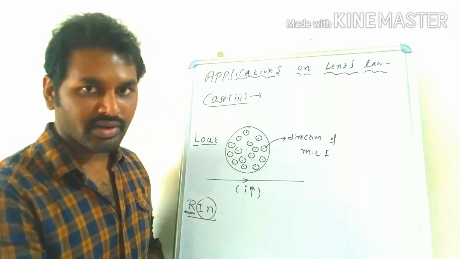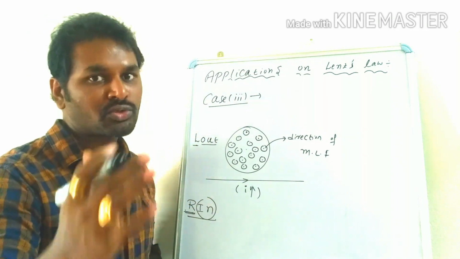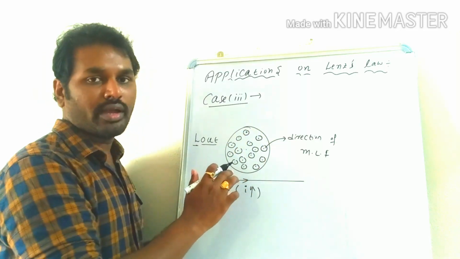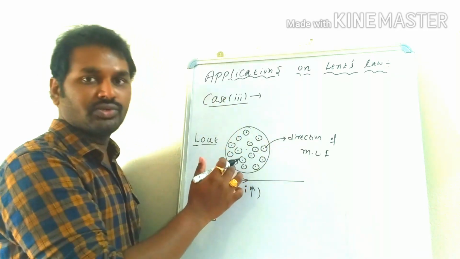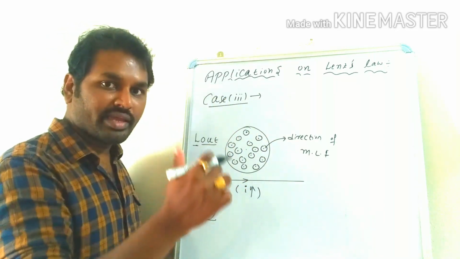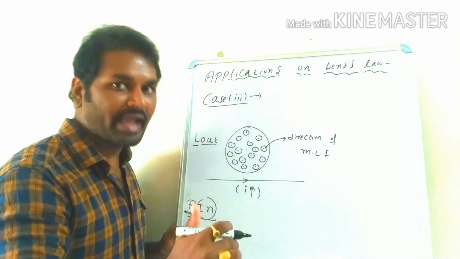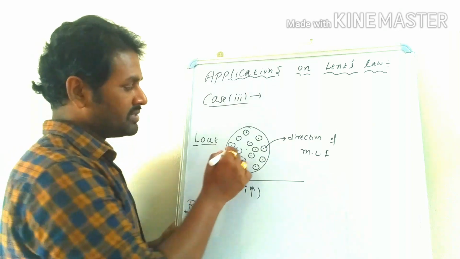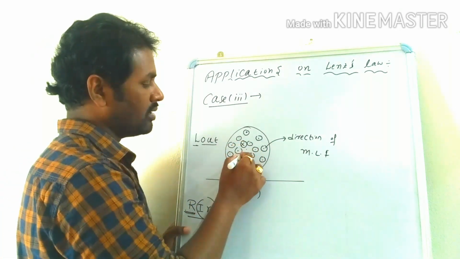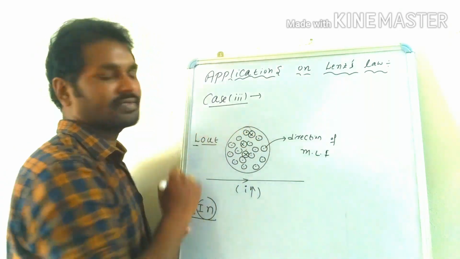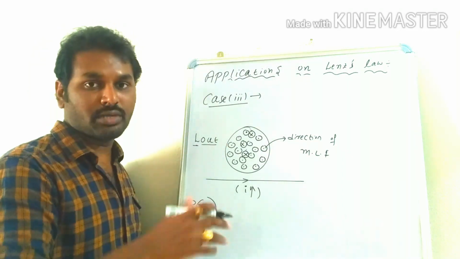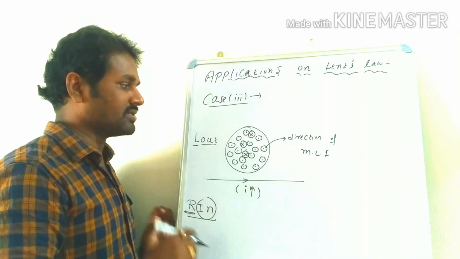Here the flux is increasing, so the opposition is to the increase, which means in this coil current is induced, which will create its own induced magnetic field opposite to this direction. That means I can use the symbol cross, induced magnetic field into the board which opposes the outside flux.